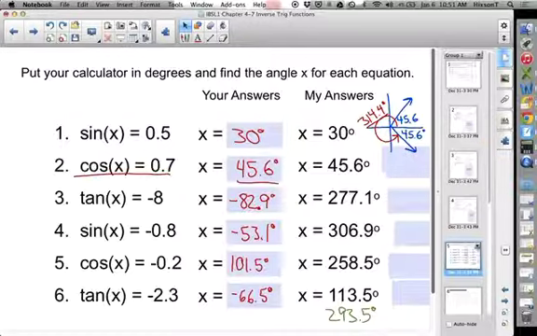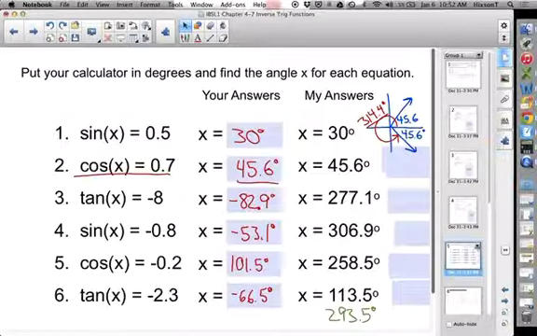Any questions about that? Would you rather us give you the positive one if we get a negative answer? Just follow the directions.